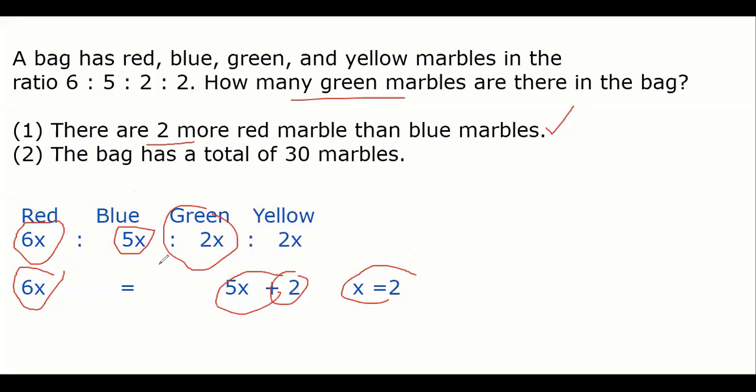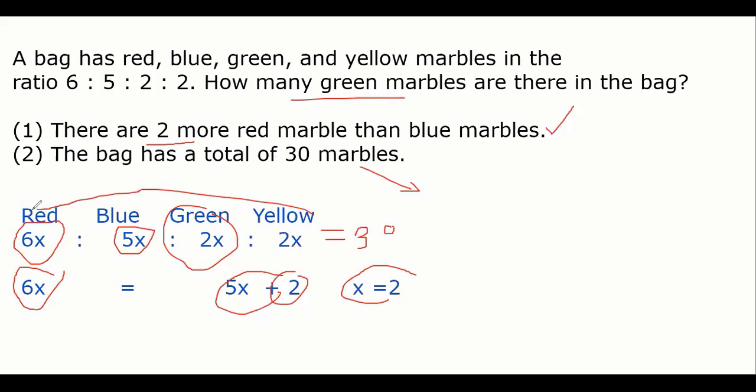Now, Divya, is the second alone sufficient or not? Explain. Yes, sir. Because red has 6x, 5x, 2x and 2x, and the sum of them equals 30. 6x plus 5x plus 2x plus 2x is 30, because it says the bag has a total of 30 marbles.